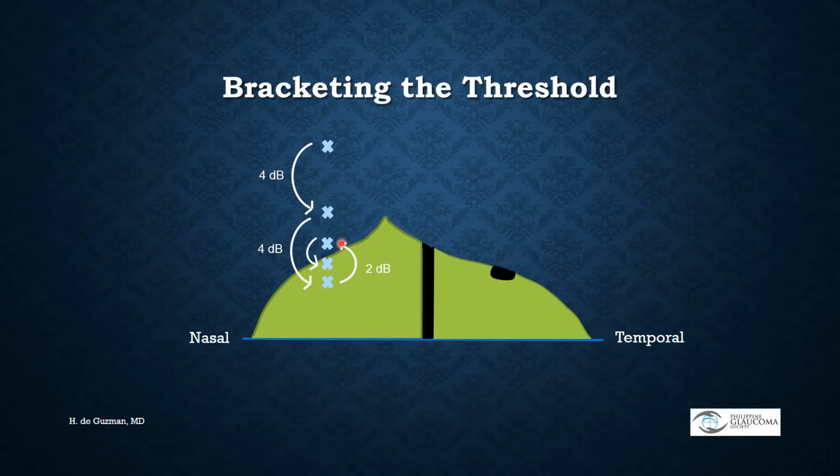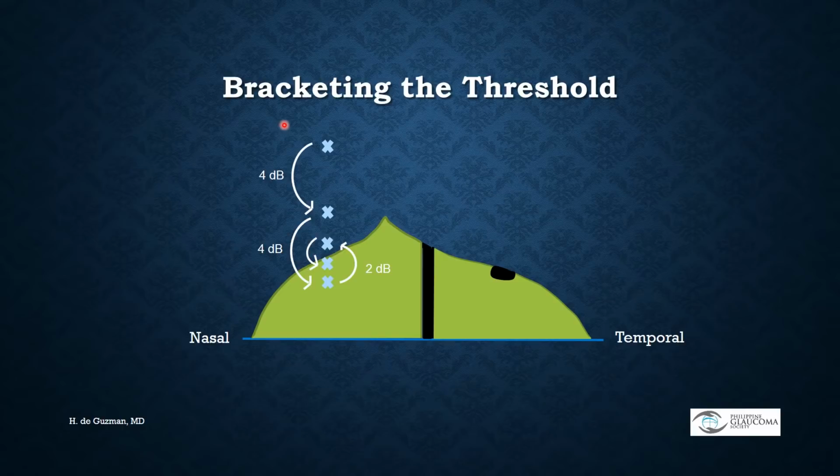If the patient did not see it, the machine now goes back to brighter, but this time by only 1 decibel. So this is called bracketing the threshold, and by doing these steps at one point, the machine is able to determine the patient's threshold at that point.